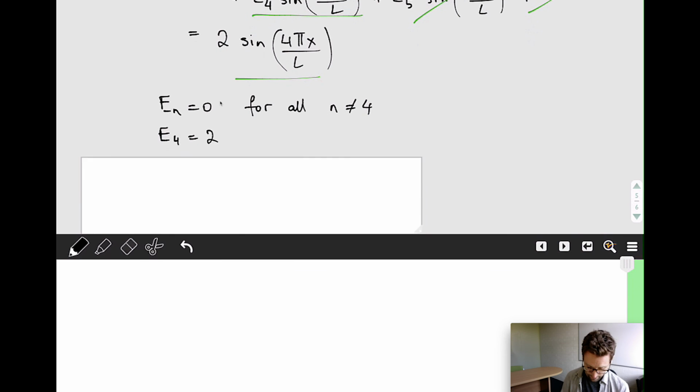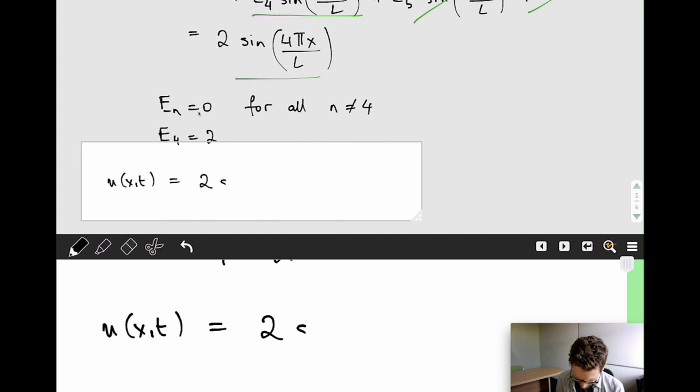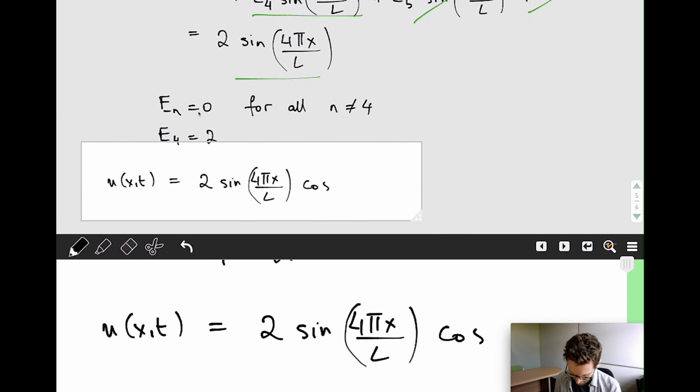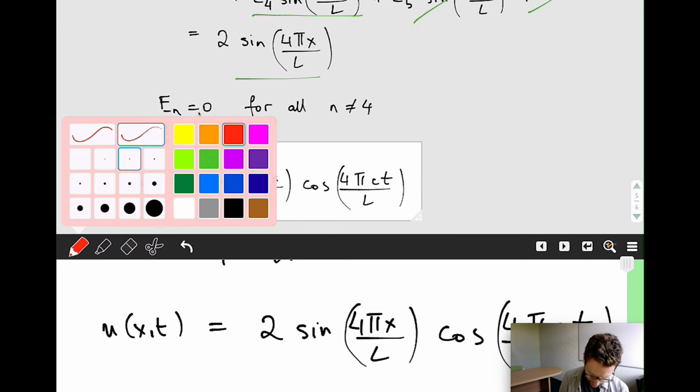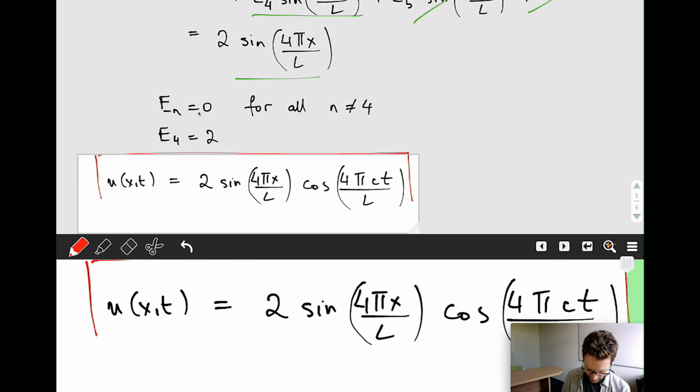So I finally have my full solution. u of x and t will be given by the sum over n, but all of them are 0 except for 4. So I'm going to have 2 sine(4 pi x / L) times cosine(4 pi c t / L). And this is the solution to my wave equation that matches those boundary conditions and initial conditions.